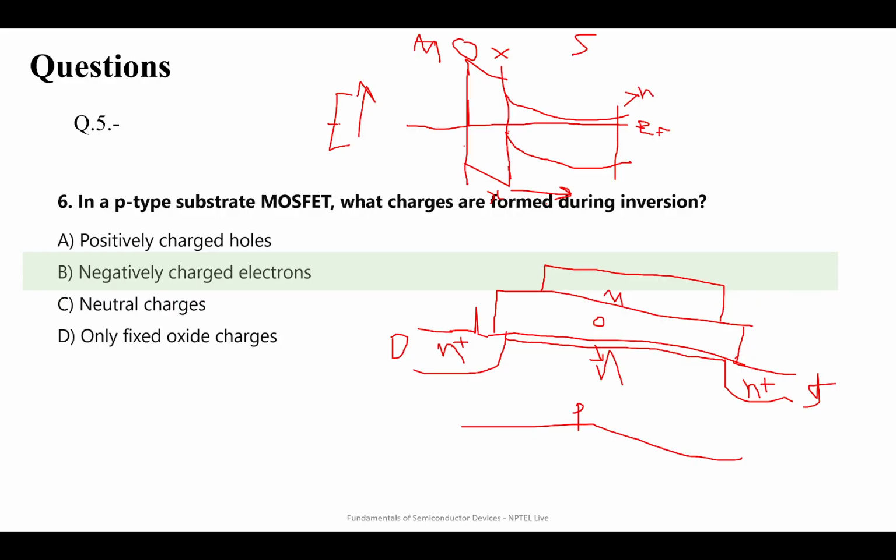And if you look at the interface, your Fermi level is close to your valence band. This is P type. So this is inversion or near inversion, the weak inversion region.